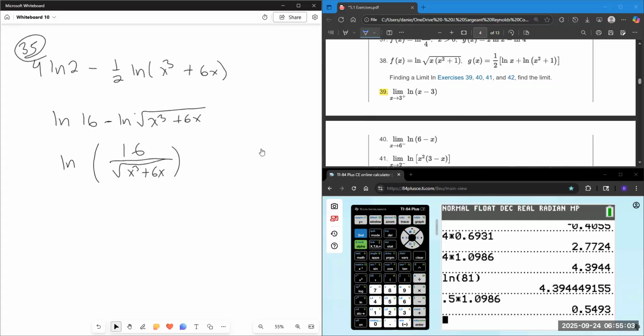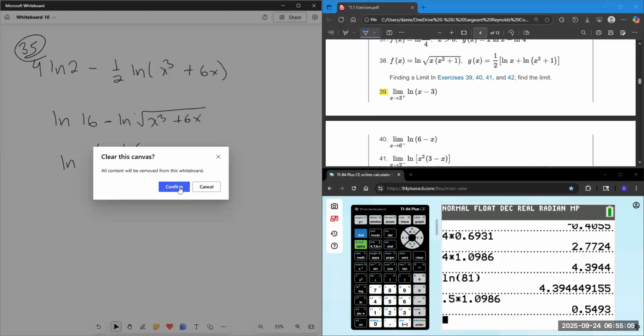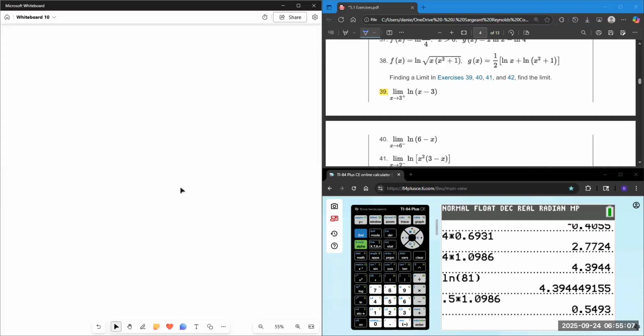Let's look at number 39 now, which is a limit, and this has to do with that vertical asymptote that we saw. Remember that the vertical asymptote has only one side that we can approach from. If we try and approach from the other side, the limit's not going to exist. So we're approaching from the side here that has activity, ln of x minus 3.